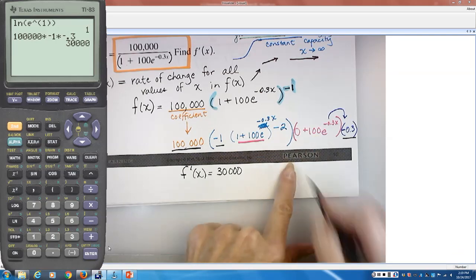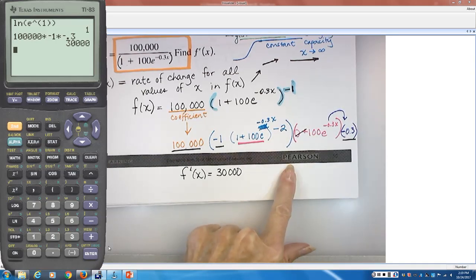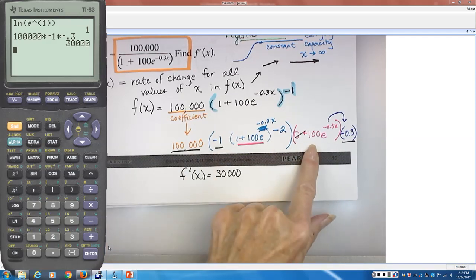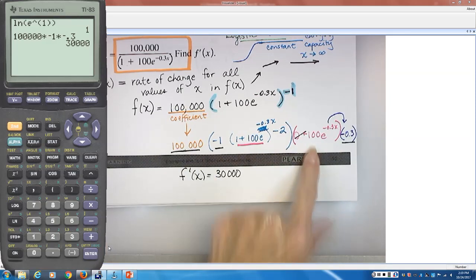I don't really need that 0. So that's 30,000 times 100 e to the negative 0.3x.